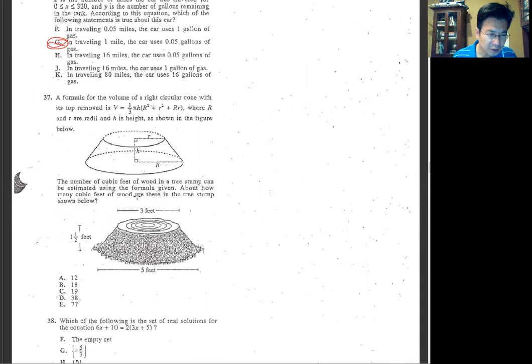How many cubic feet of wood are there in the tree stump shown below? Cubic feet, which is volume.